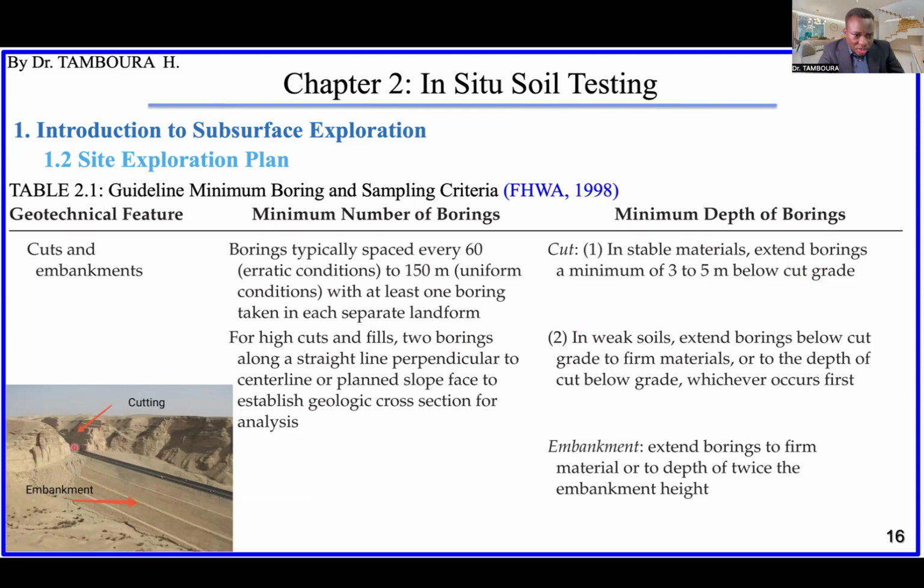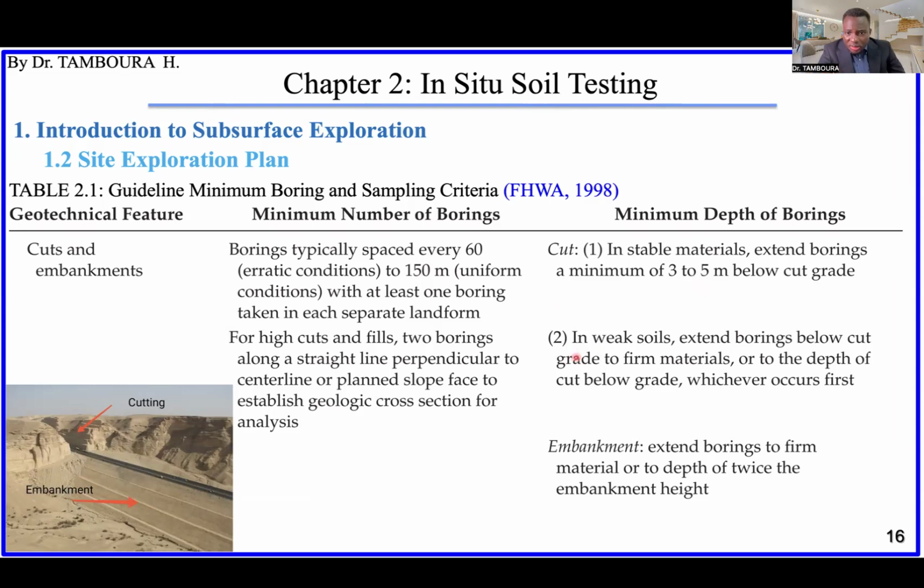Here is the cut grade. The road level is the cut grade. Remember that before the road, here was a field of soil. This cut was not here, so it was something like this. It means from the top here, you have to dig, reach the predicted level of the road, and go deeper 3 to 5 meters.